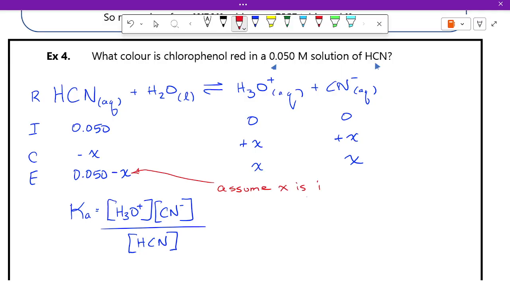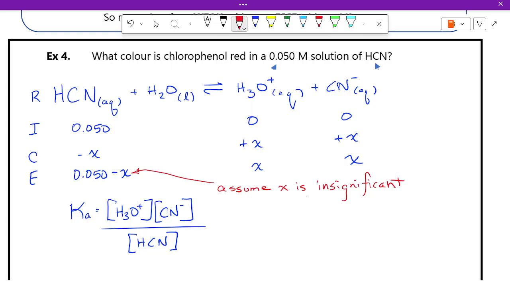What is the Ka value? Oh wait, I found it. Right?